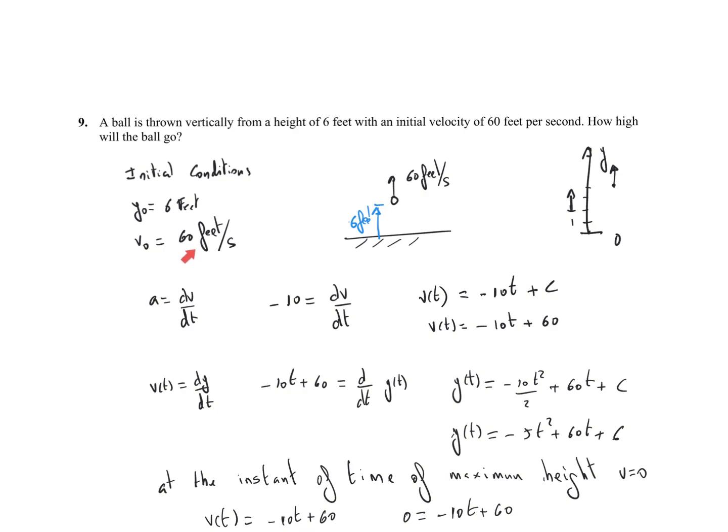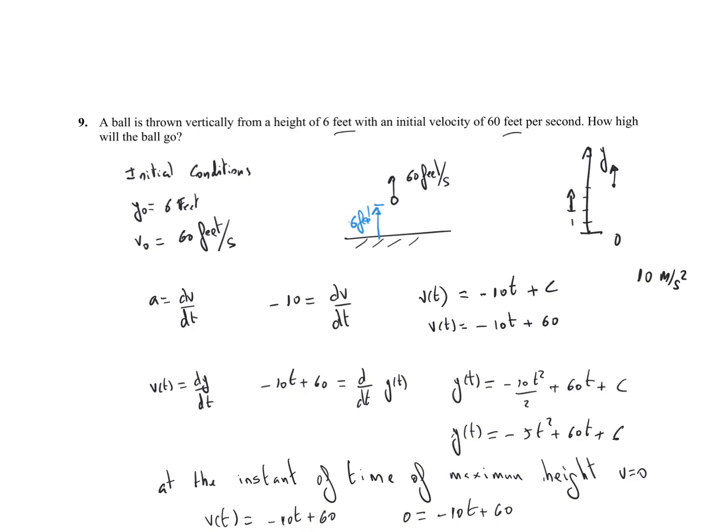And there is another law that says that the acceleration, which is the change in the velocity per unit of time, or the derivative of the velocity with respect to time, is 10. But indeed, I made a mistake, because the acceleration is in meters per second squared, while they say 6 feet and 60 feet.